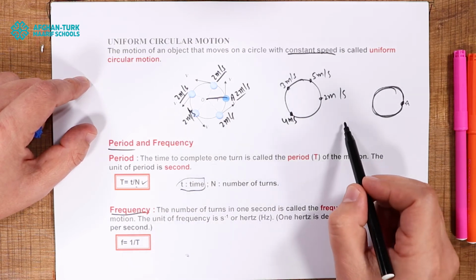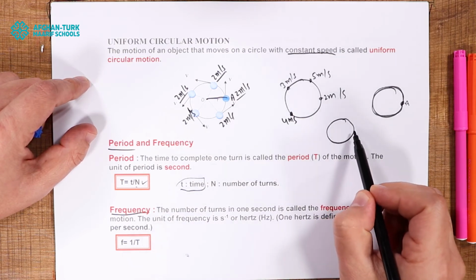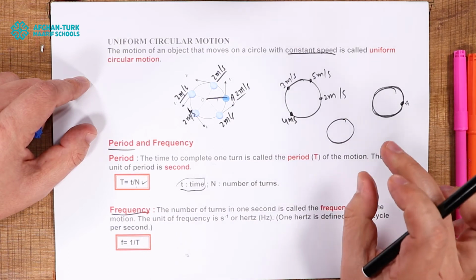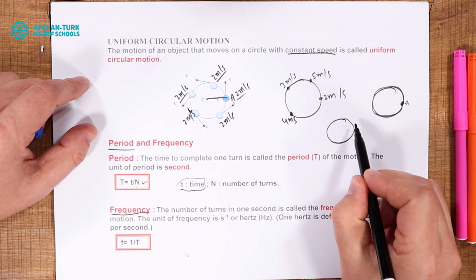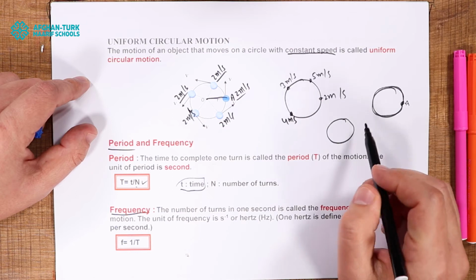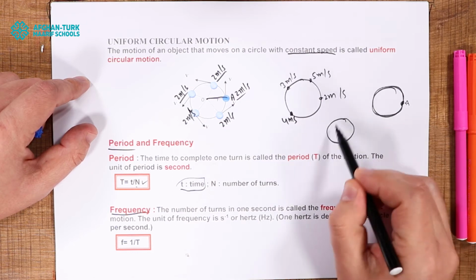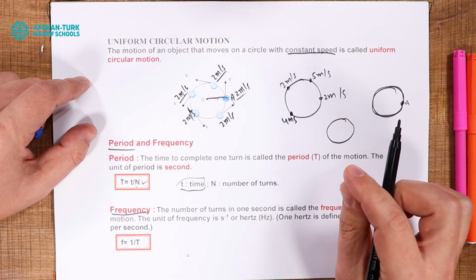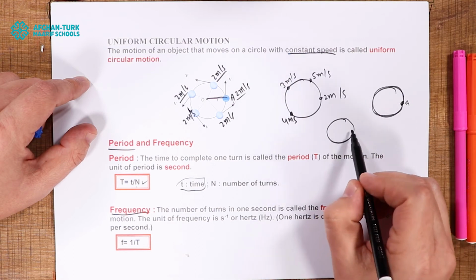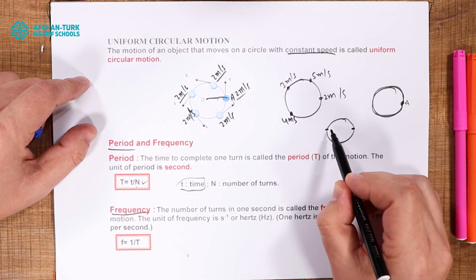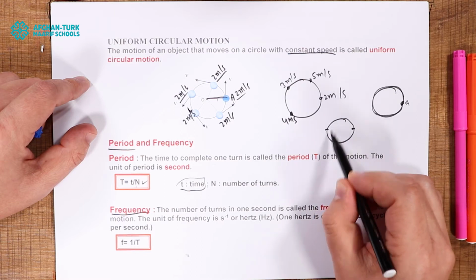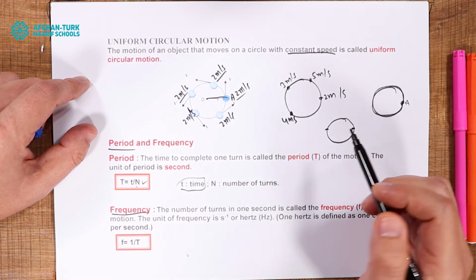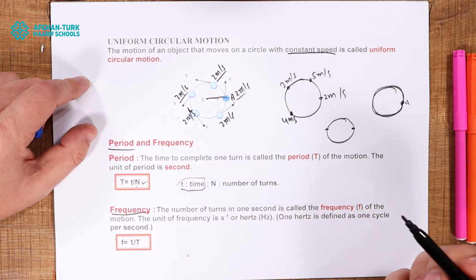This means in 1 second, how many turns are completed by the object in a circular path. Like in 1 second it completes half a turn, or more turns, or however many. This is the frequency of the object.